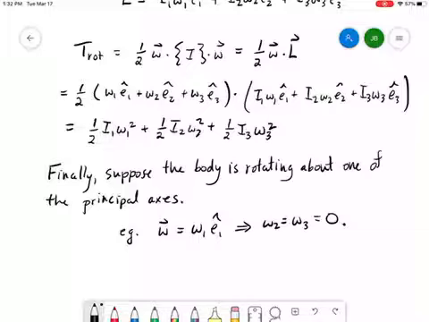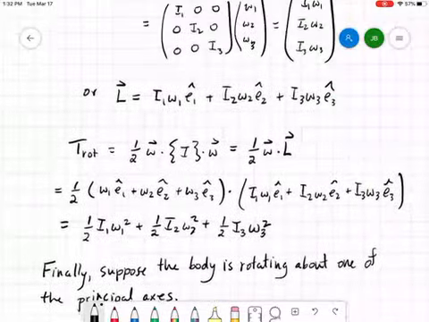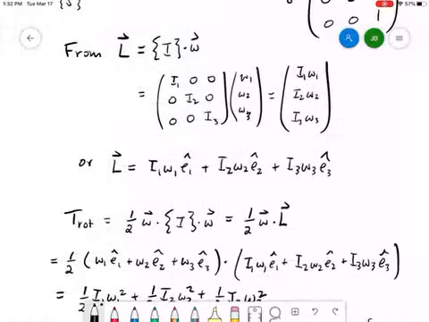Well, in that case, if we just go back to our calculation of L, omega 2 is 0, omega 3 is 0, so that these two terms are 0.